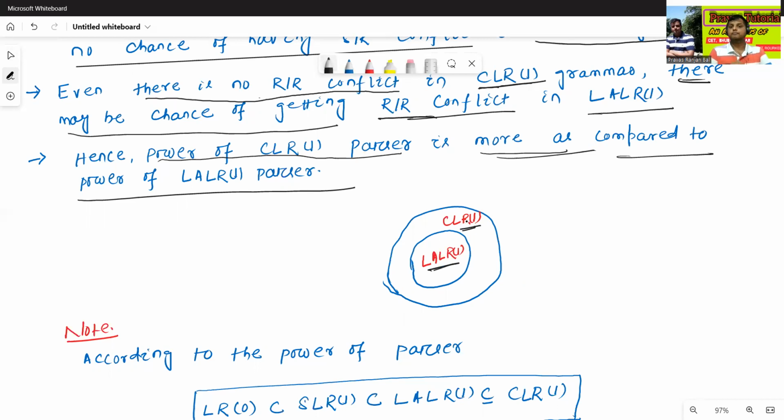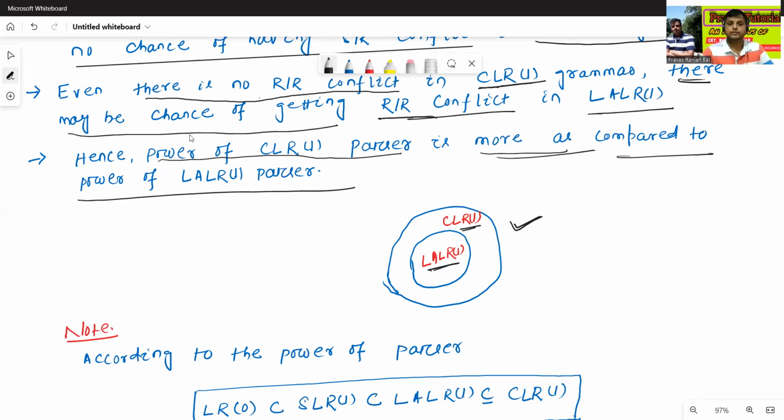CLR1 parser. What is the meaning of this Venn diagram? Every LALR1 parser is a CLR1 parser, but every CLR1 parser need not be an LALR1 parser.